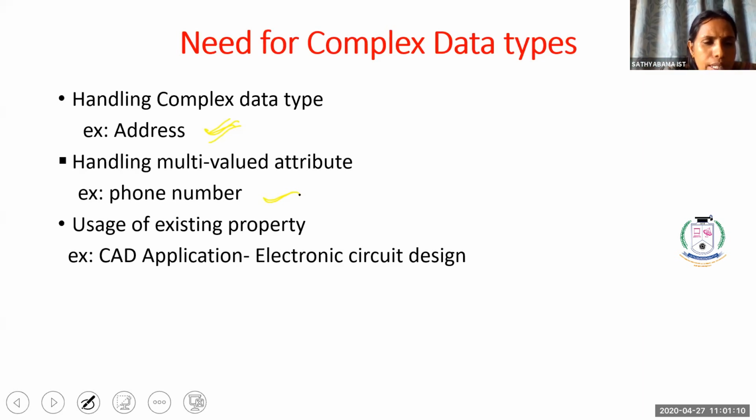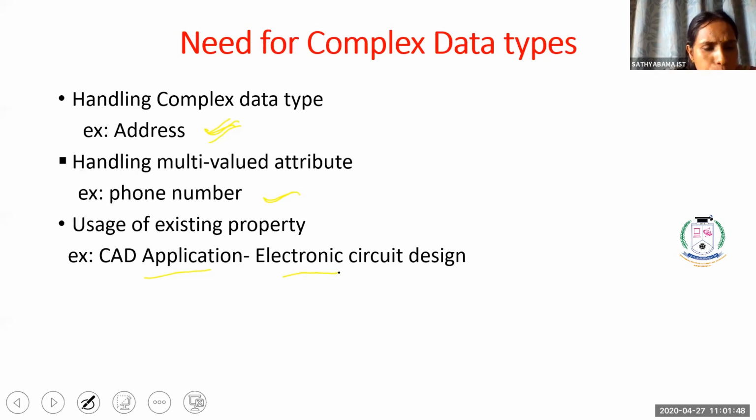And one more important thing is the inheritance property, which we use in object-oriented programming, and if we are going to use it in your relational database. Say for example, when you take up a CAD application, in the CAD application we have the electronic circuit, and the electronic circuit has different components. But certain attributes will be shared by all the components.